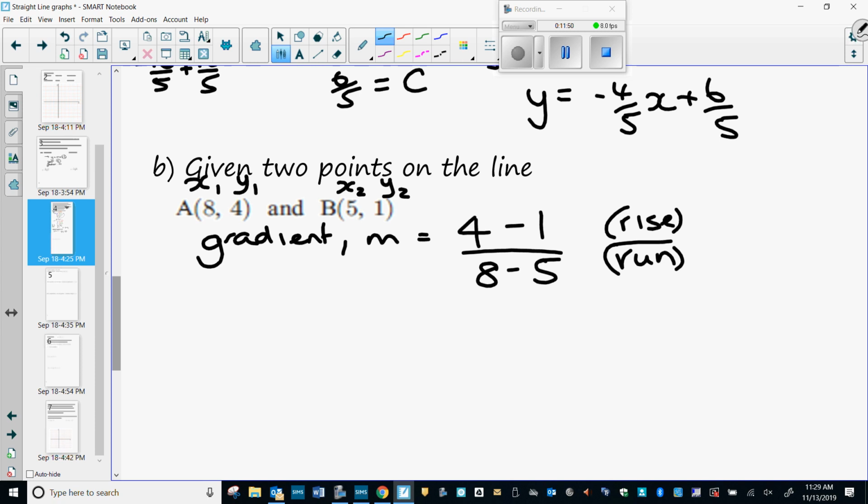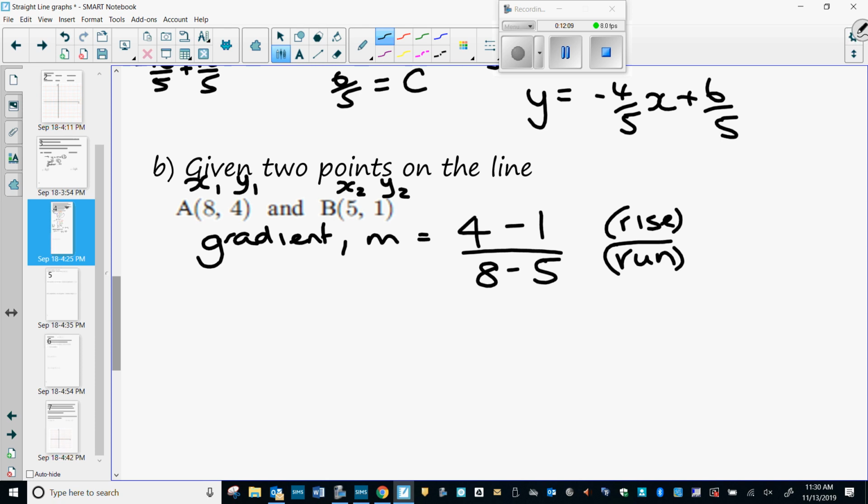So it doesn't matter as long as you are what? You have to make sure that you are, pardon? The y is on the top, and also you need to make sure you're consistent. So because we started with this coordinate on the top, we had to start with this coordinate on the bottom as well. Yes? You all remember that?